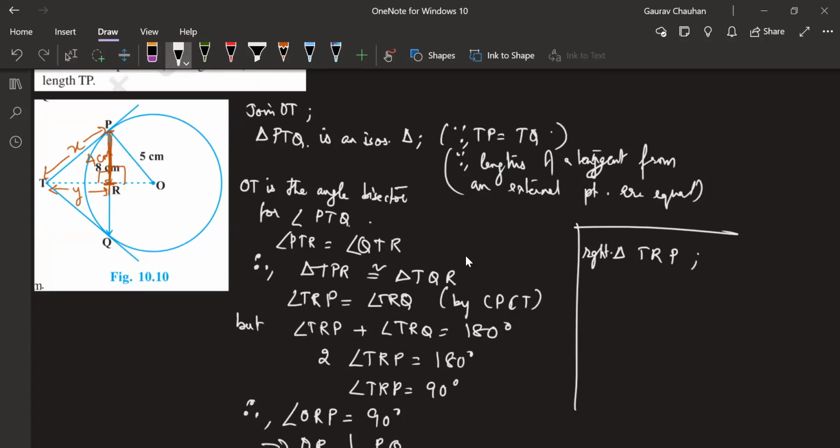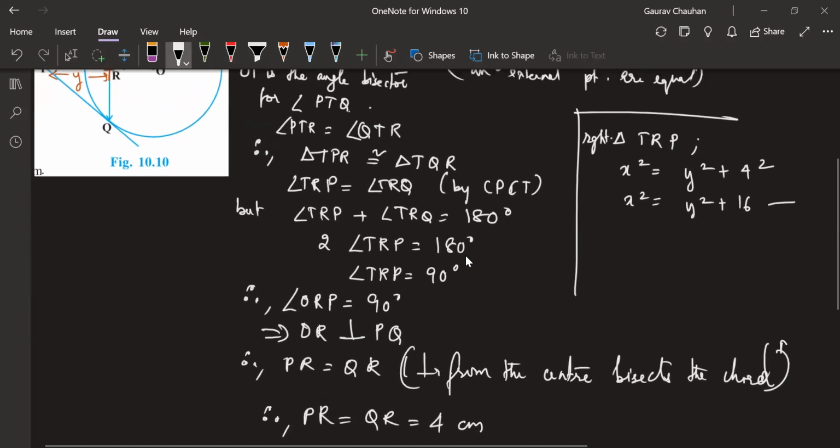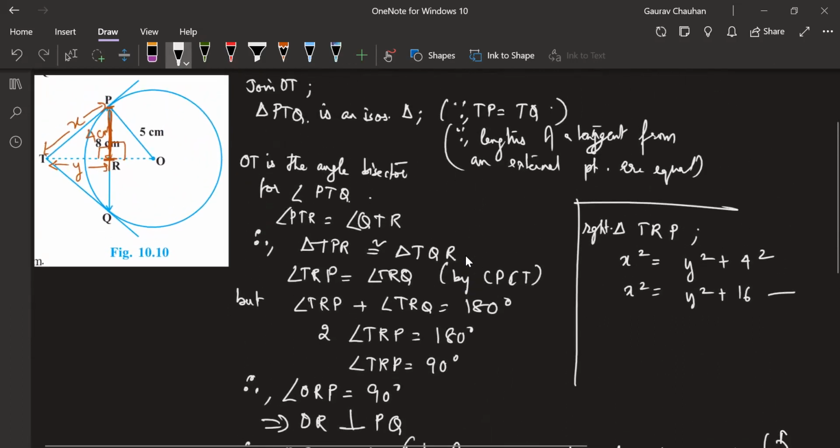Okay, so we have here x square is equal to y square plus 4 square, where x is the hypotenuse and this is the right angle. Okay, x square is equal to y square plus 4 square, or you can write x square is equal to y square plus 16. Okay, let's take this as equation number A. All right.